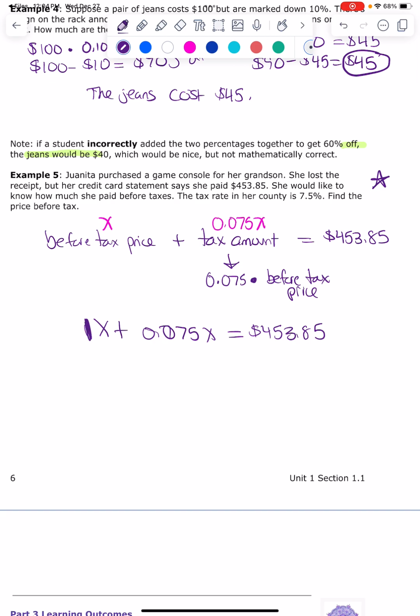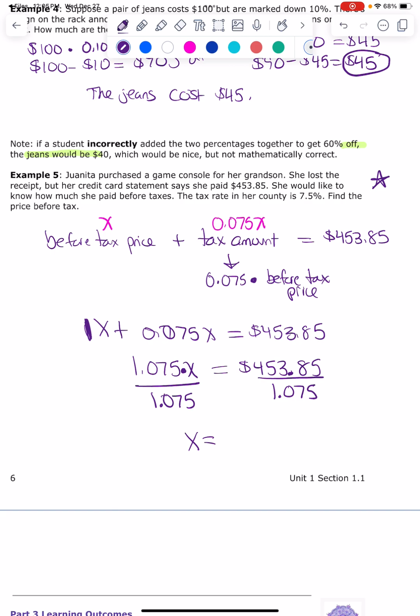So 1 plus 0.075 is 1.075X, combining like terms. This is one of the few places where you need to do that in this course. And then finally divide, because 1.075X is like 1.075 times X, and to undo multiplication, you divide.